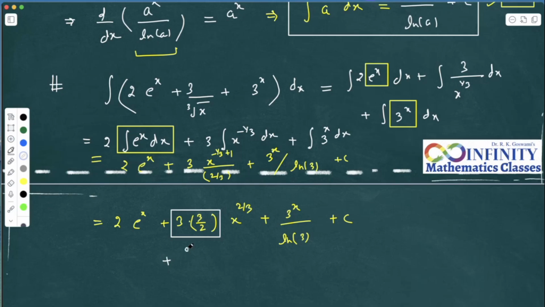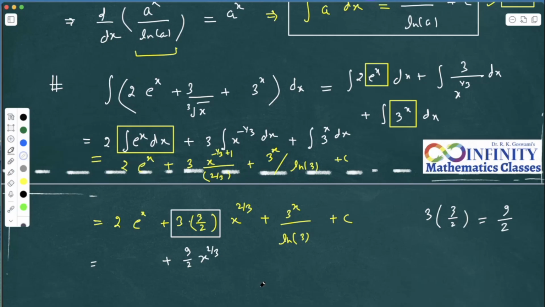It is going to be 9/2 there. Yeah, 3 divided by 2/3. So 3 3s are 9. See, when you multiply 3 by 2/3, if there is nothing in the denominator, by default it is in the numerator. So you need to multiply in the numerator only. So 3 3s are 9. Numerator is going to be the same.